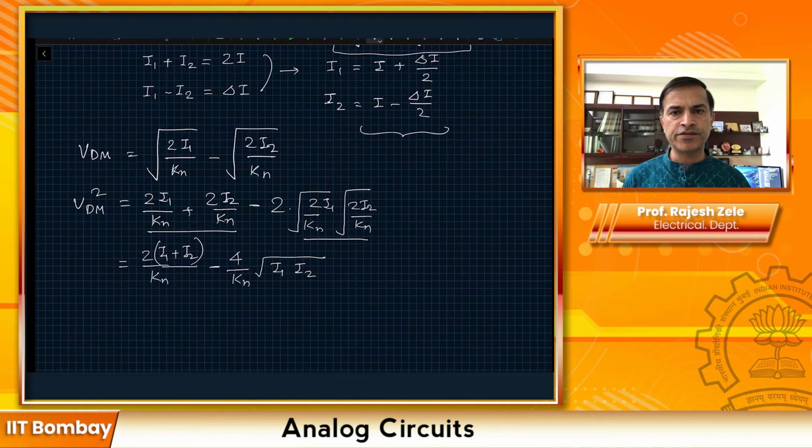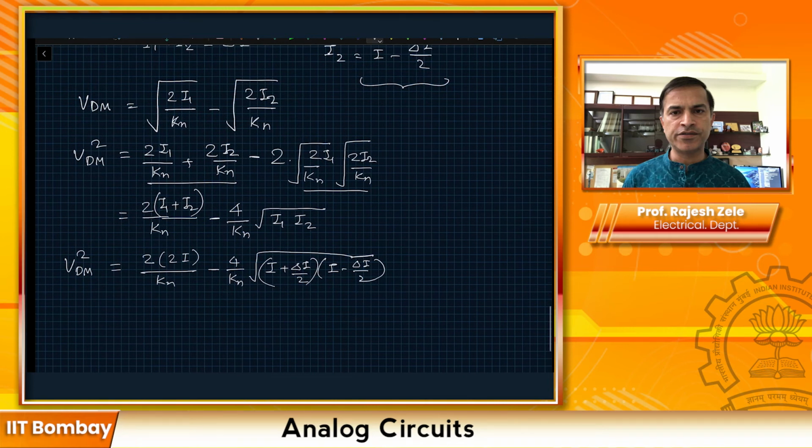We already know what I1 plus I2 is, so we can substitute that. VDM squared will be equal to 2 times 2I divided by Kn, minus 4 divided by Kn, and here I would make I1 I plus delta I by 2, and then I2 I minus delta I by 2.